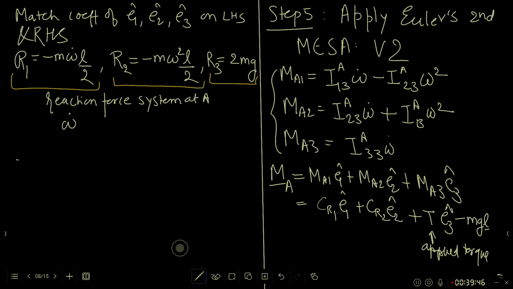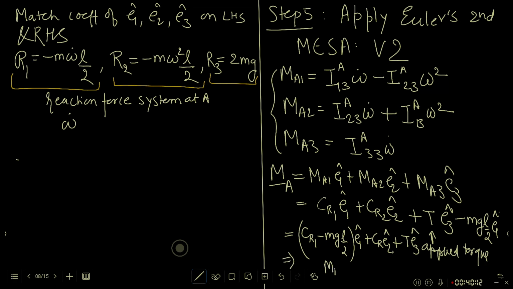Okay, so I'm going to group coefficients together, so I get (C R1 minus mg L by 2) e1, C R2 e2, and T e3, which means what? It implies that M_A1 is C R1 minus mg L by 2, the same M_A1 that will be the left hand side of this equation.